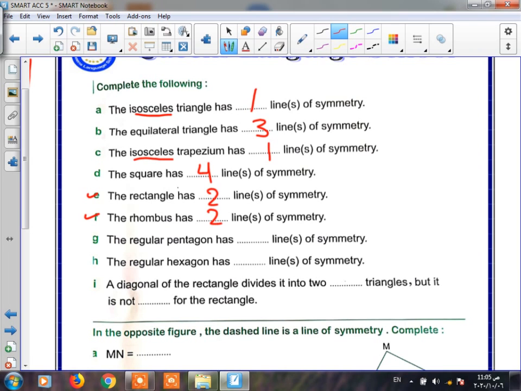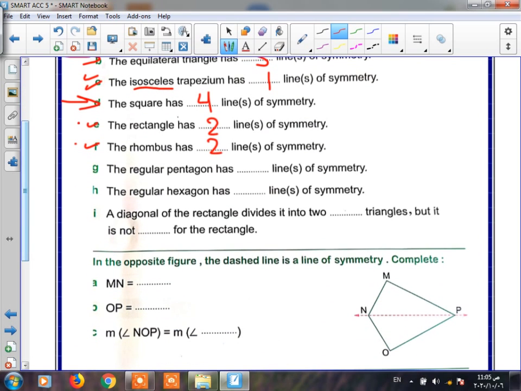Regular pentagon 5, regular hexagon 6, and regular heptagon, yes, it's 7, regular octagon 8, the circle infinite.